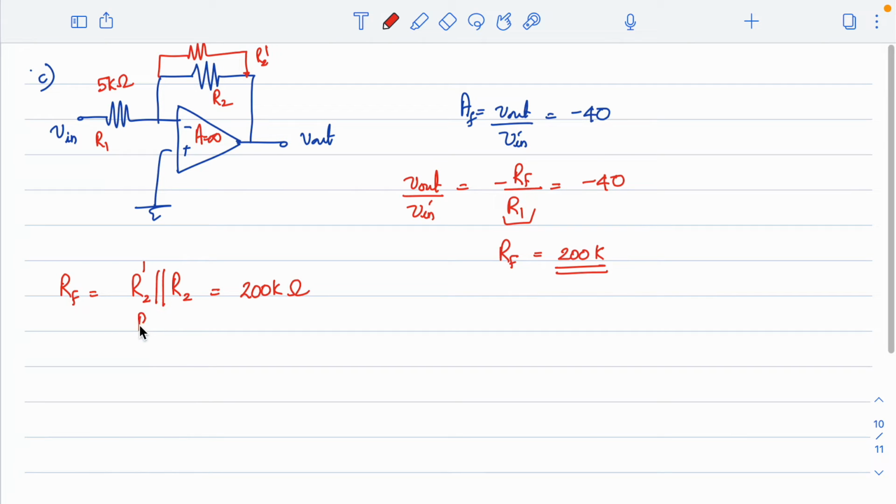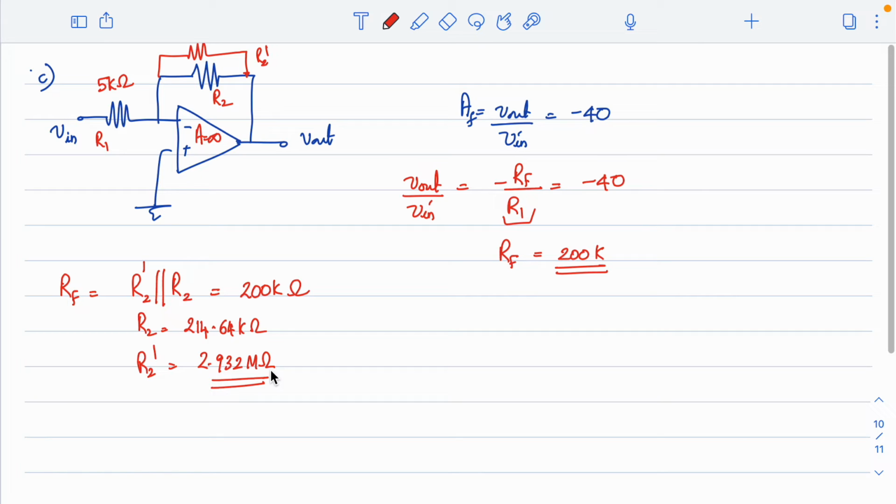Now the previous R2 value is 214.64k. So with that you can find the new R2 dash value. So if you put an R2 dash, the value is equal to 2.932 mega ohms, right?